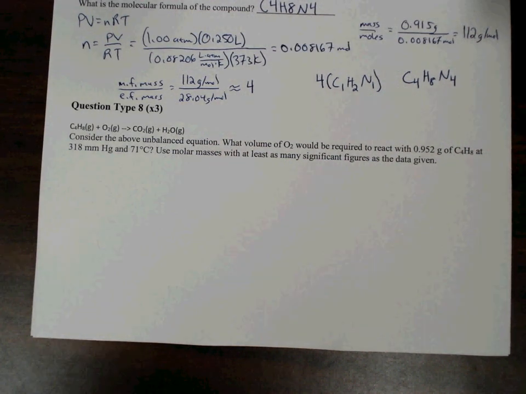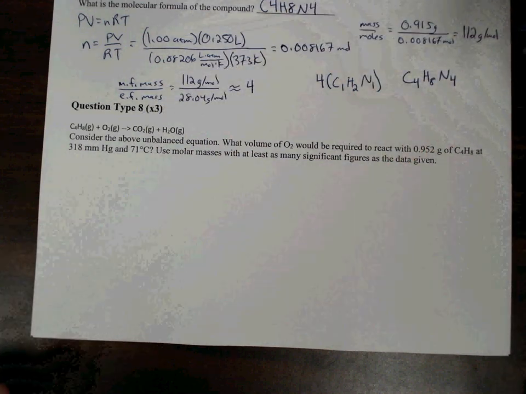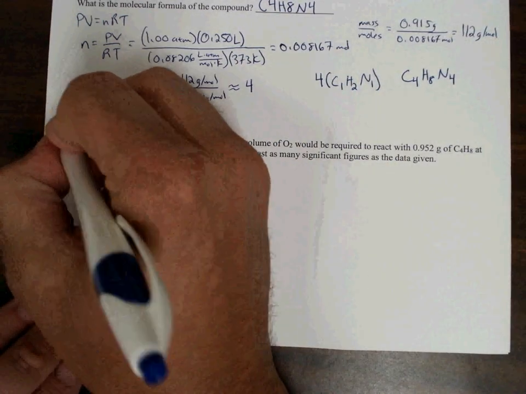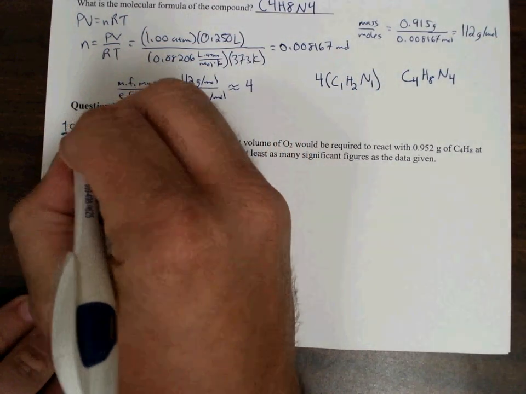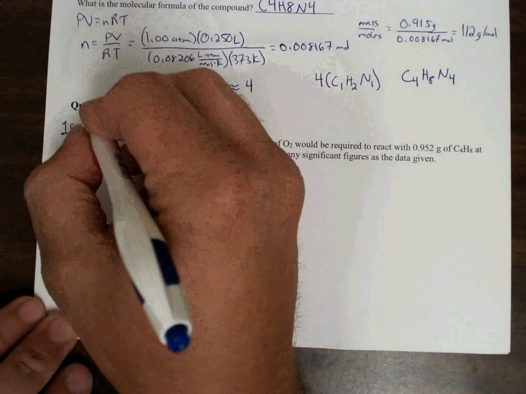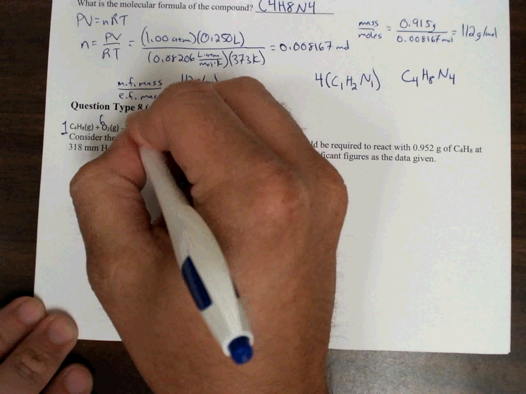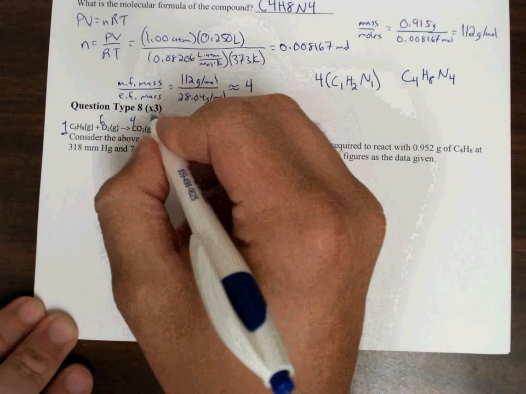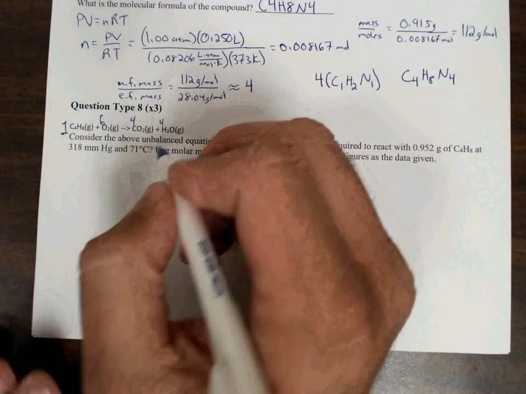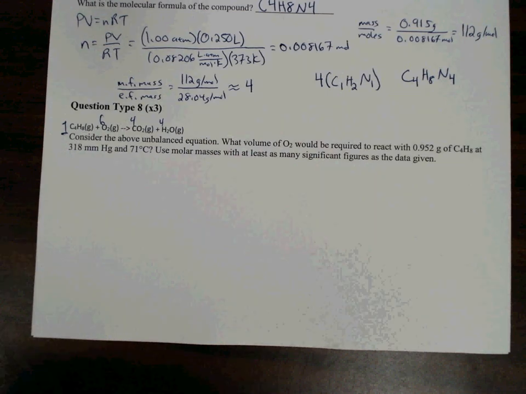So first things first, we got to balance our equation. Turns out to be, if we balance this, there's 1 mole of C4H8 for every 6 moles of O2 produces 4 moles of CO2 and 4 moles of H2O.